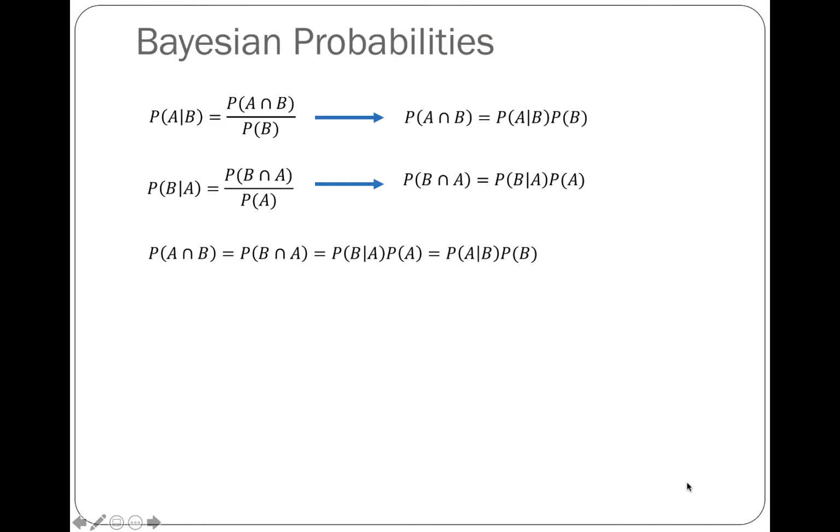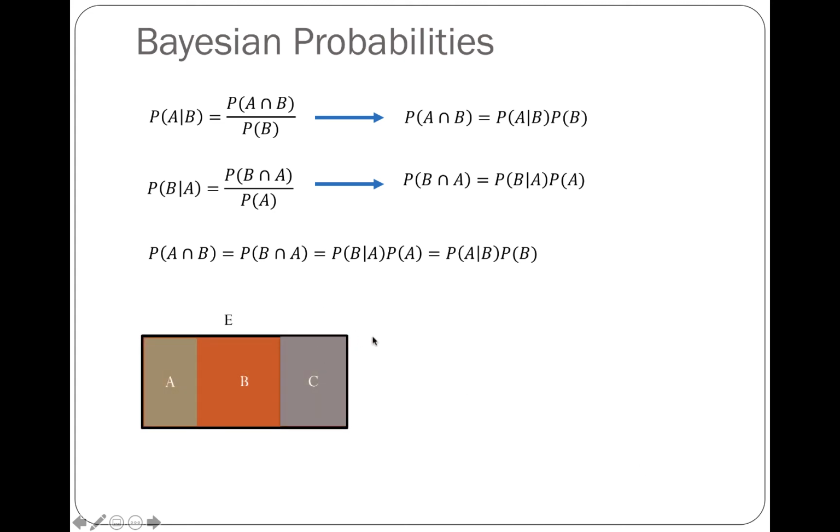We can generalize this conditional probability a little more. As you can see below, if I have the sample space E, that sample space contains all the outcomes of an experiment, and I divide this sample space into three different events, A, B, and C. As you can see, events A, B, and C have no intersection, and together they form the whole sample space.